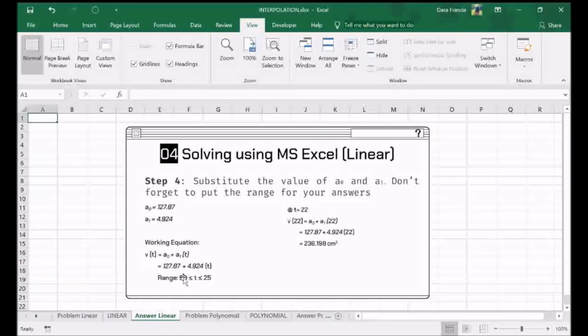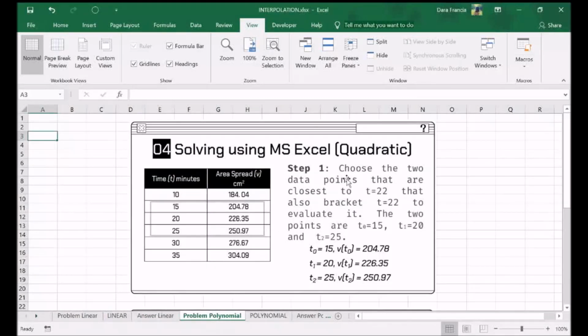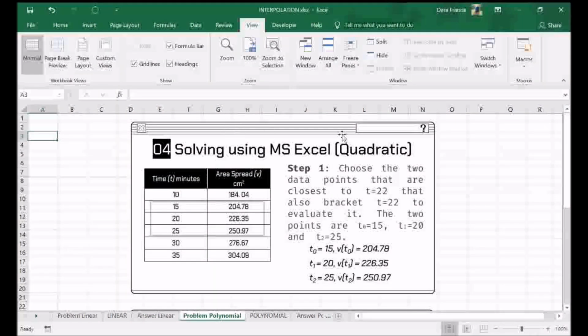The lowest value of t that we use is 20, and we're finding something in the middle, and the highest value that we use is 25. So at t equals 22, we can now substitute and solve the problem. A0 is 127.87 plus A1, which is 4.924, multiplied by 22, we will get the answer of 236.198 cubic centimeters.